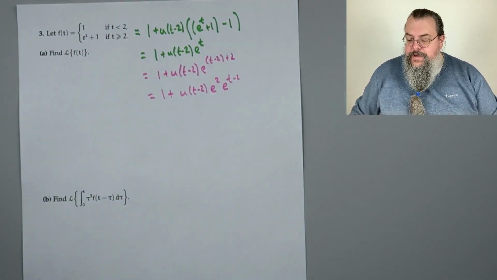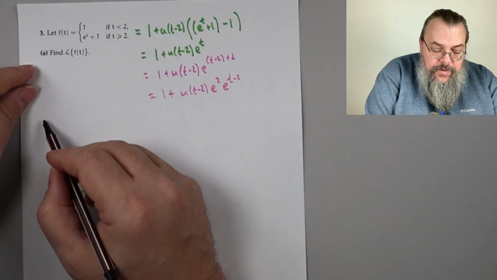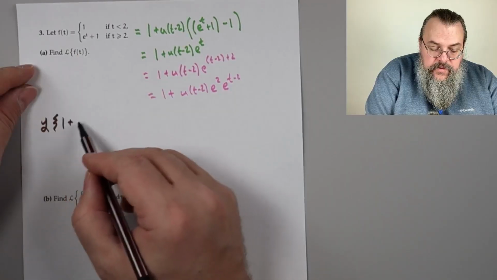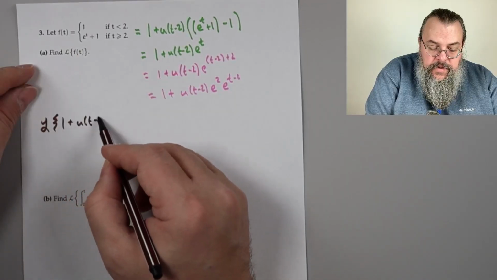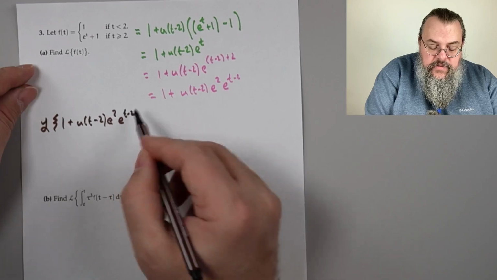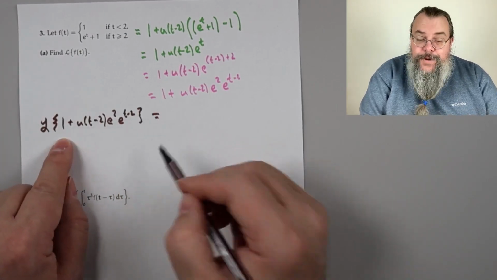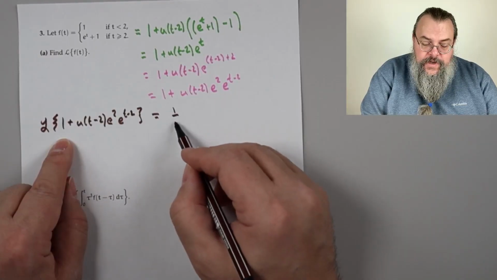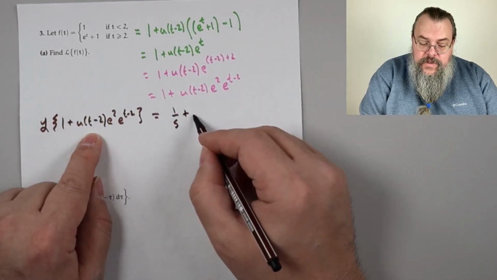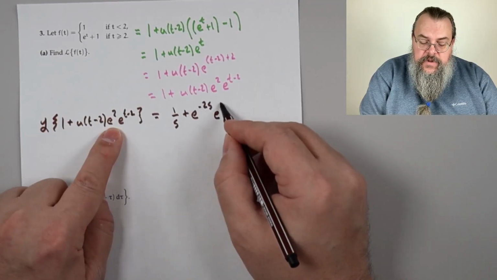So here we go. What happens? Well, we're going to take the Laplace transform of 1 plus u(t-2) e^2 e^(t-2), which becomes the Laplace of 1, which is 1 over s, plus u(t-2), e^(-2s). e^2 is a constant, that comes out.